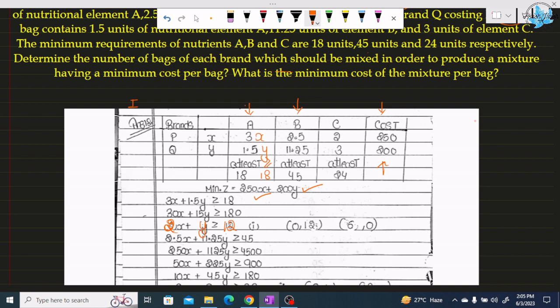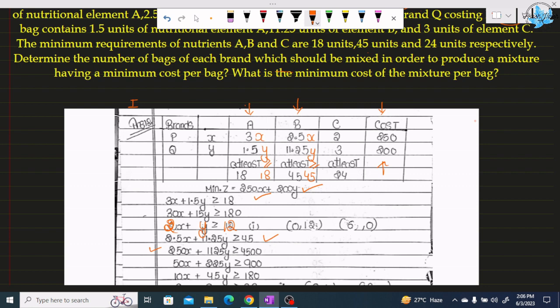Now for B, the equation will be 2.5x plus 11.25y, at least means greater than or equal to 45. To remove the decimal, I multiply the equation by 100, so I get 250x plus 1125y is greater than or equal to 4500.